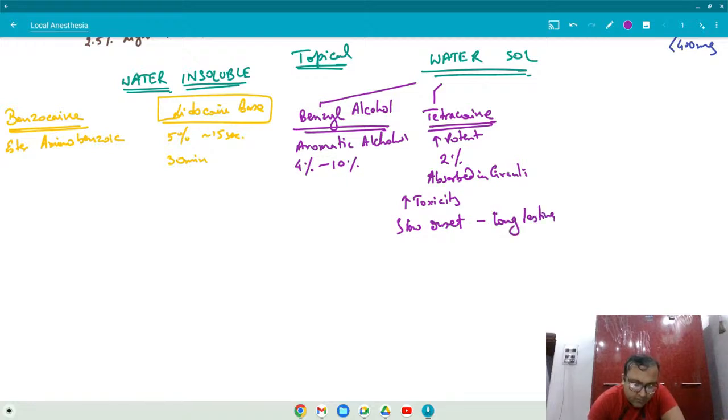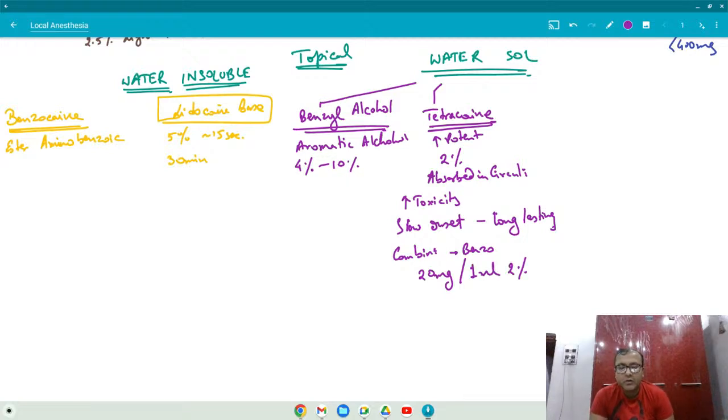Onset is slow, but it can be long lasting. So how do we use it? It is not used alone. It is used in combination with benzo, and its maximum recommended dose is 20 milligram or 1 ml of 2% solution.